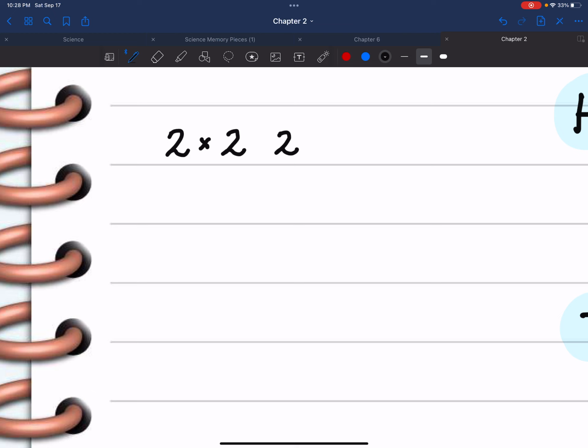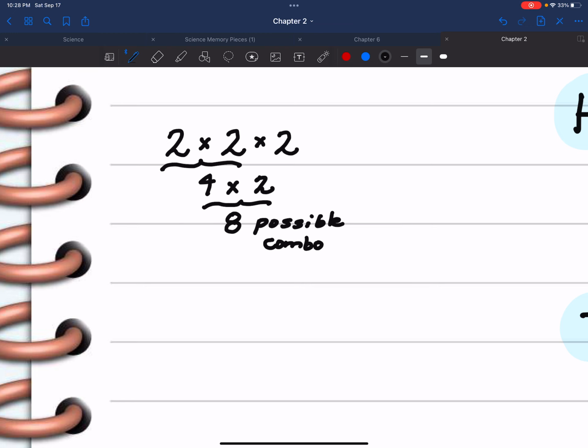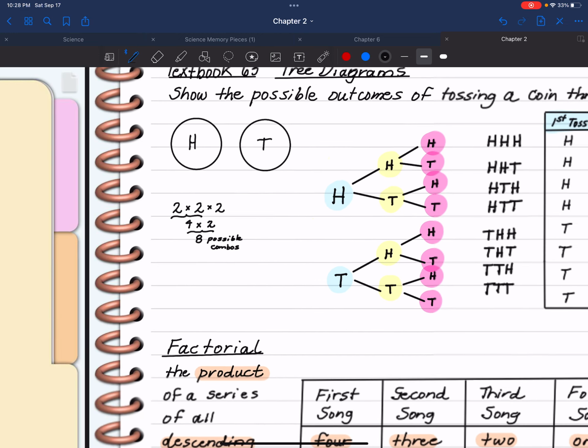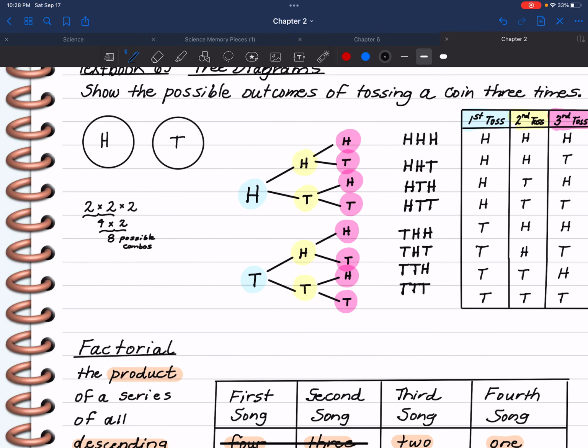If you multiply these, how many combinations would you get? So 4 times 2 is 8 possible outcomes or combinations. And sure enough, that's what we got with the tree diagram.